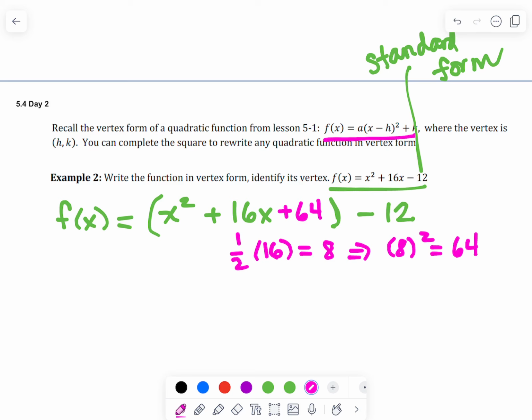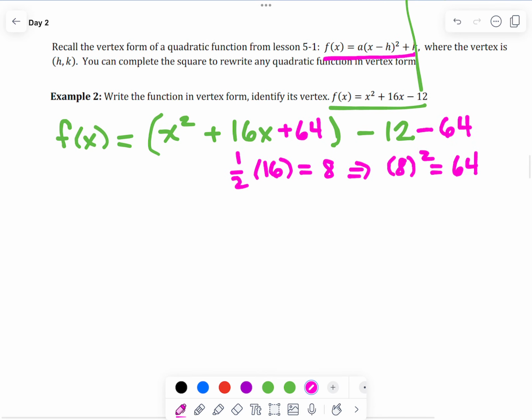Now, when we were solving quadratic equations by completing the square, we would have that minus 12 on the other side. So to balance this out, we just added 64 to this equation. So we have to undo it. So we have to subtract 64. Now we're ready to factor.